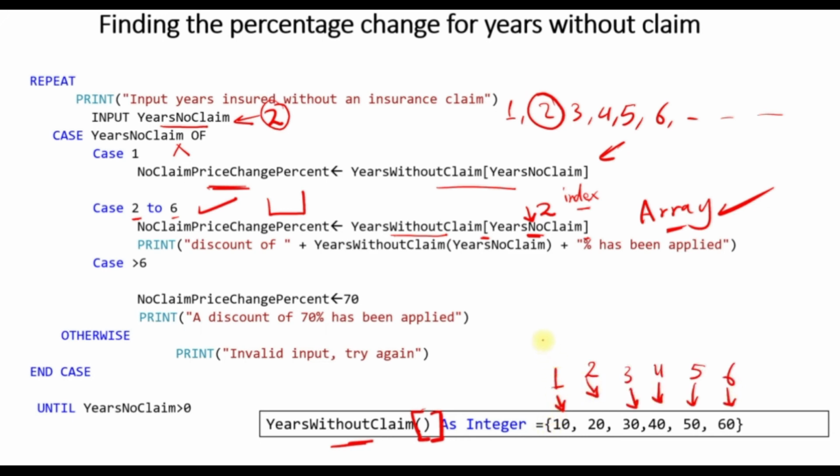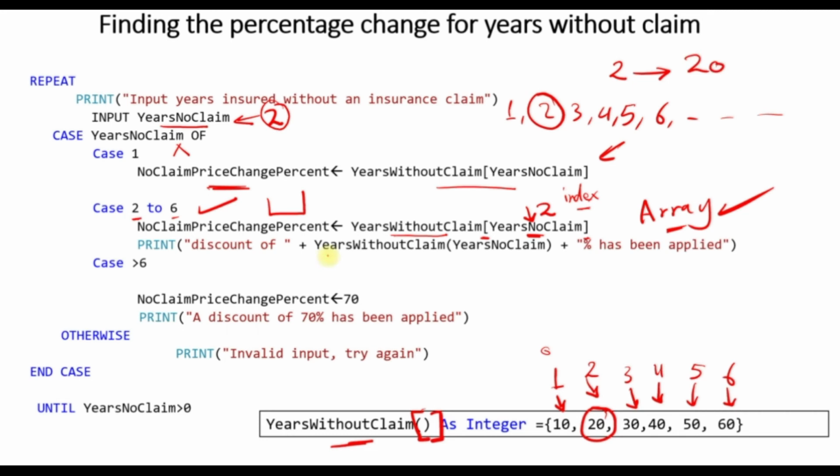In a programming language like VB or Python, it starts with 0. But since now we are using the pseudocode, so the value of the index starts with 1. So now the index of 2 inside this array, which is 20. Okay, so now the percentage related to 2 years without claim, it is 20%.